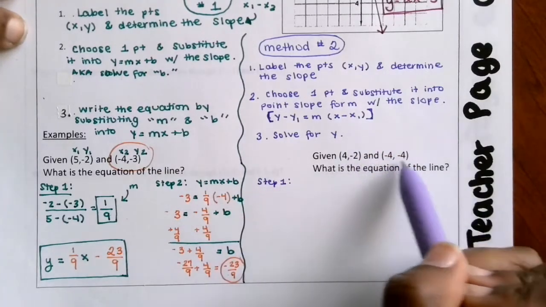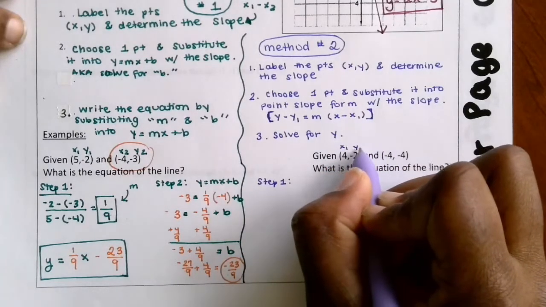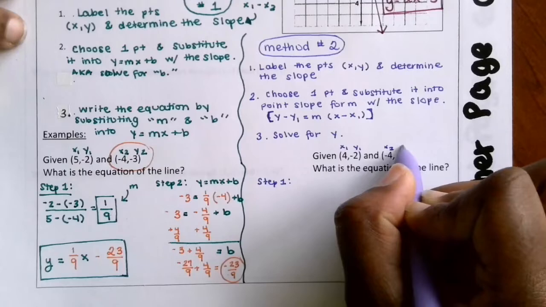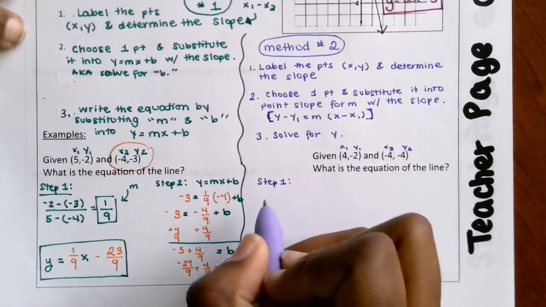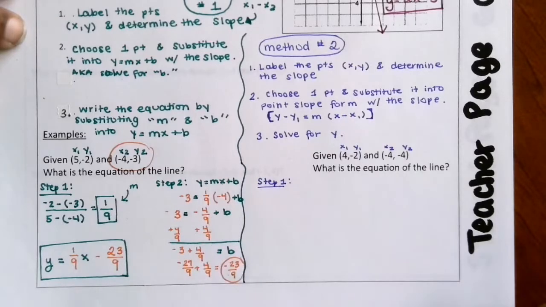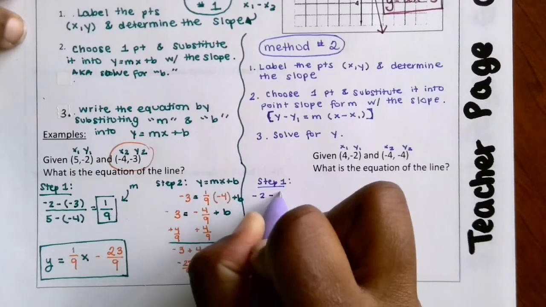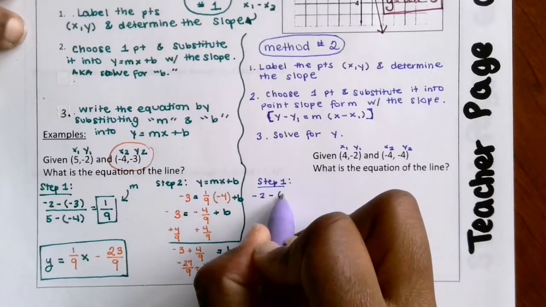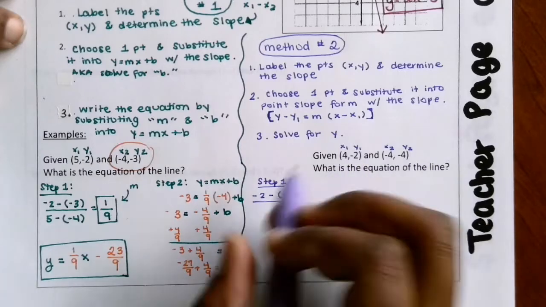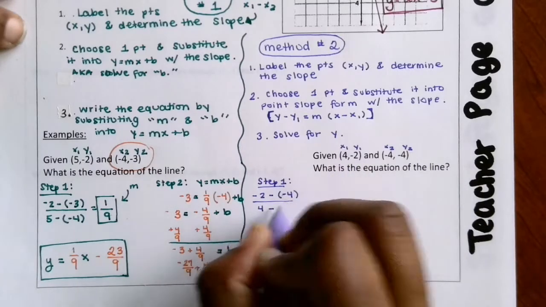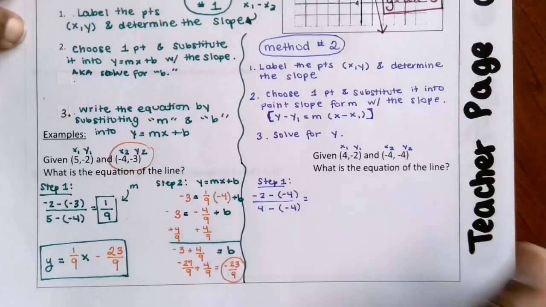So again, I'm labeling my space in order to keep my work area neat so that way I can follow my math. Following step 1, I'm labeling my points x1, y1, x2, y2, and now I'm going to calculate my slope. For y1, I'm substituting -2 minus -4 for y2, divided by the difference of x1, so that's 4, minus x2, which is -4.